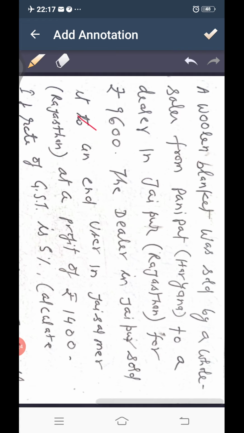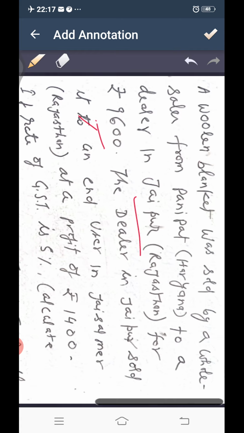A woolen blanket was sold by a wholesaler from Panipat, Haryana to a dealer in Jaipur, Rajasthan. We can see that is interstate, for rupees 9600. The dealer in Jaipur sold it to an end user in Jaisalmer, Rajasthan at a profit of rupees 1400.